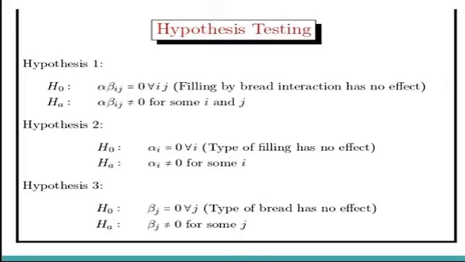Now, when you bring in a second factor, which is the type of bread, if that hypothesis is significant, then it means we have succeeded in improving the quality of the model over the one-way ANOVA. And let us also assume that the interaction is significant. That would be another improvement.